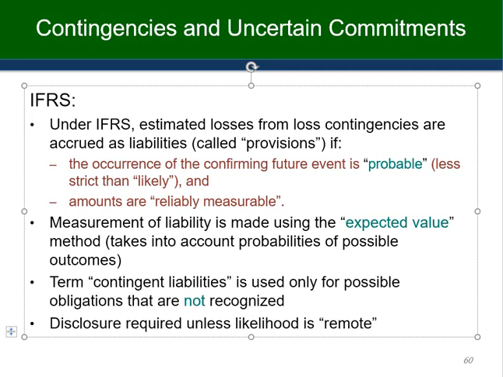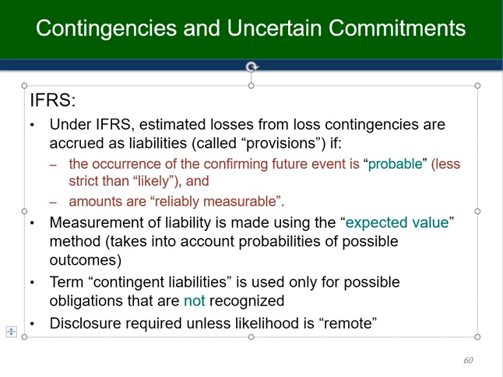Probable is interpreted to mean more likely than not, which means more than 50% probability. It's a somewhat lower hurdle than the likely required under ASPE. Likely in ASPE means you've got a high likelihood of it happening, whereas probable means more than 50%, more likely than not.